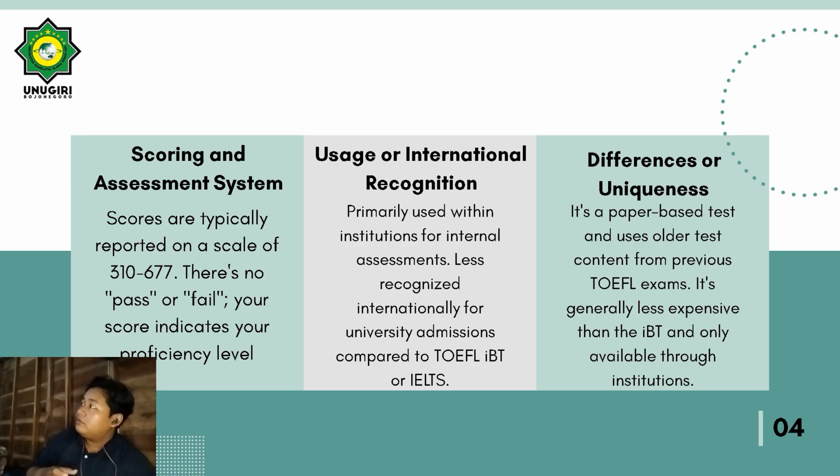So I think this is a traditional one, so we still use paper in this test. It uses older tests, content from previous exams. TOEFL ITP is generally less expensive than iBT and only available through an institution, like on our campus or any institution in real life. So we cannot do it everywhere, but we can do it in some institutions. So I think this is the direct and traditional one.